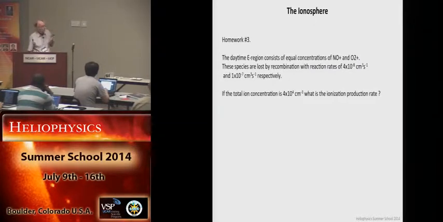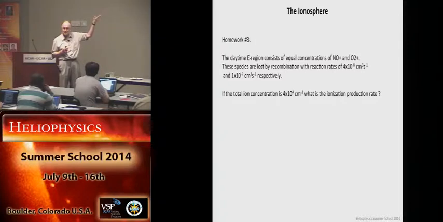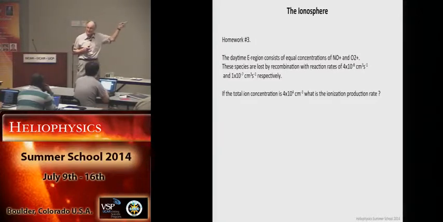So here's a homework question about production and loss. In a photochemical equilibrium situation, where the photoproduction is equal to the chemical loss, if you know the loss rates, which we can calculate in the laboratory, and you can observe the total density, then it's possible to discover what the production rate is.